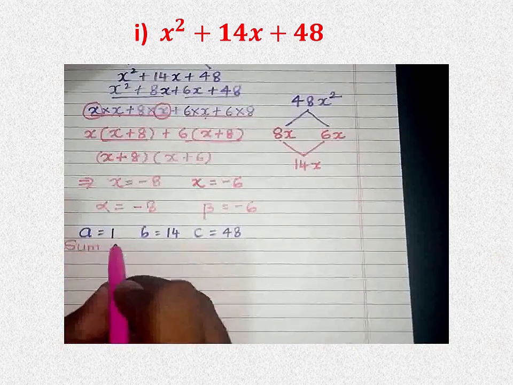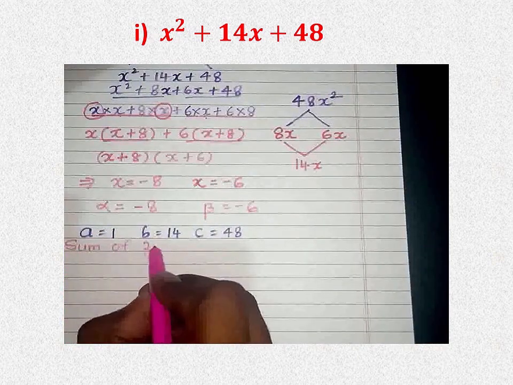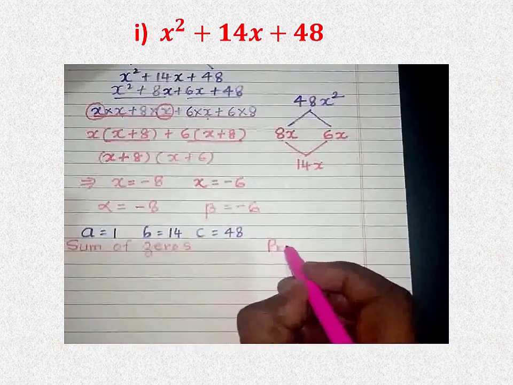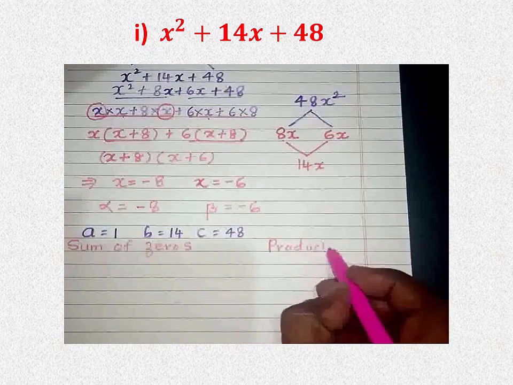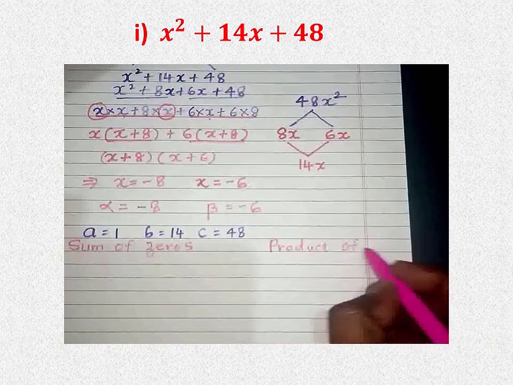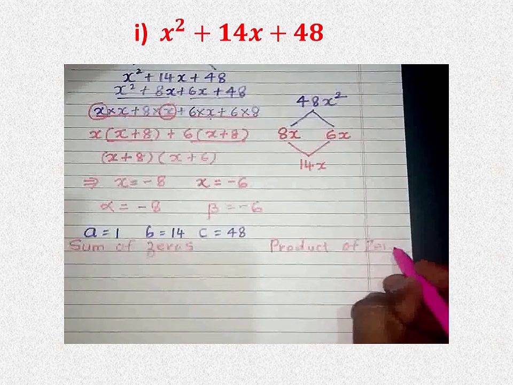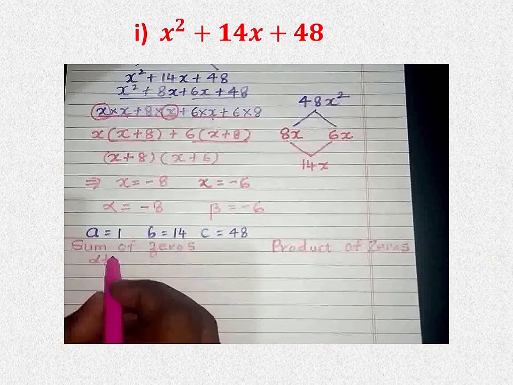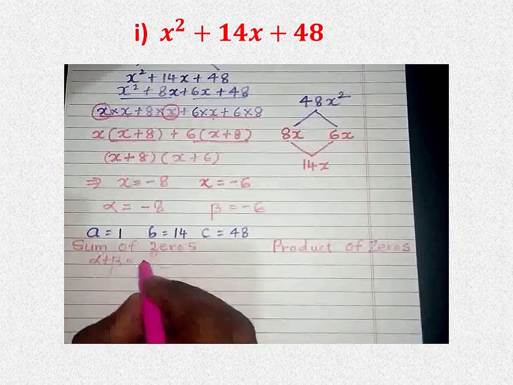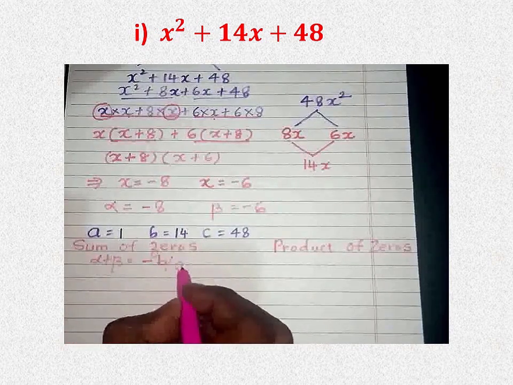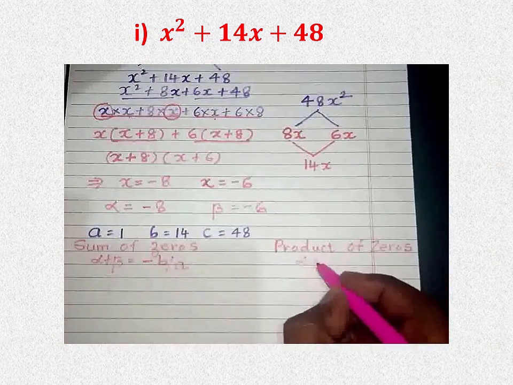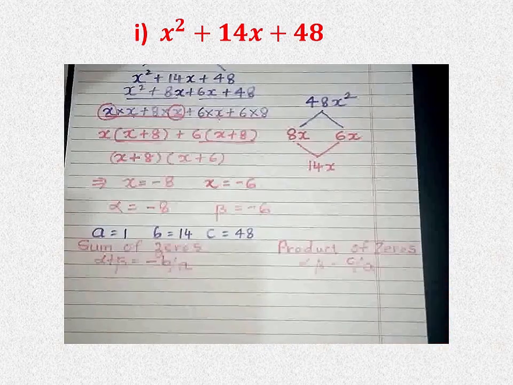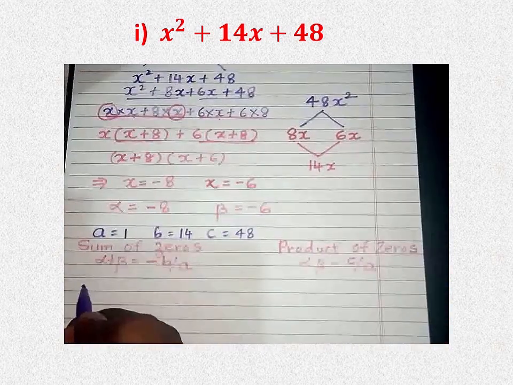Now sum of zeros, that is alpha plus beta. The same way, product of zeros, that is alpha into beta. Sum of zeros, alpha plus beta, is minus b by a. In the same way, product of zeros is c by a. Now substitute the values of alpha and beta.